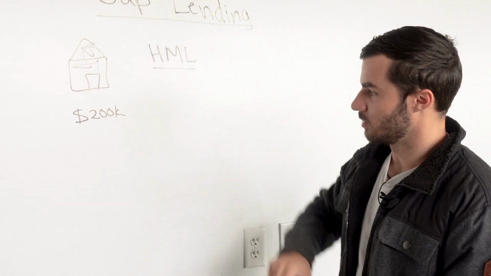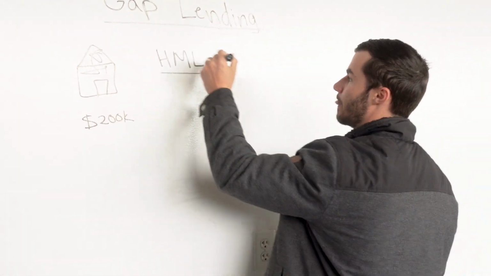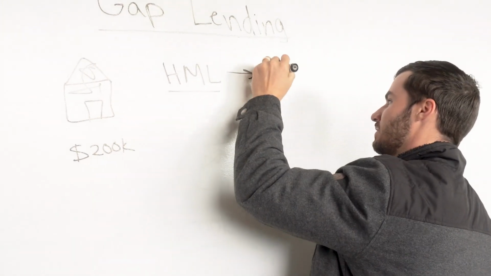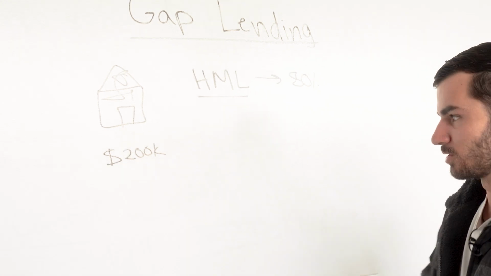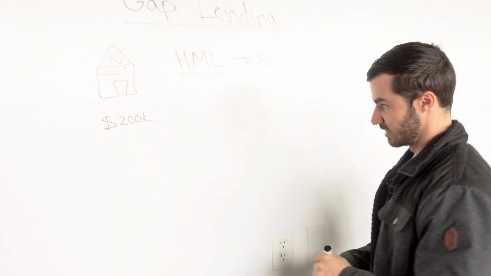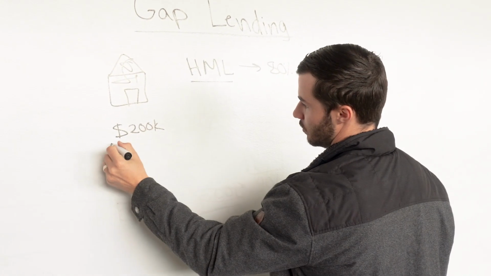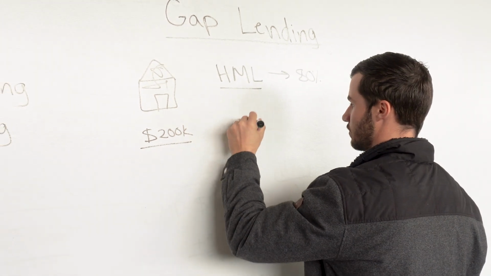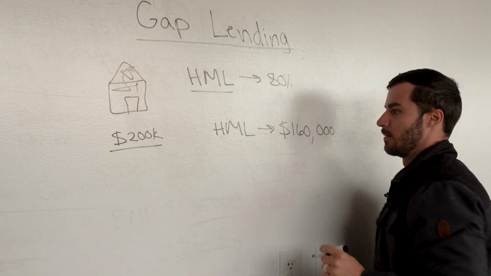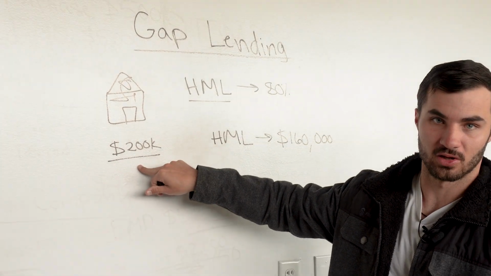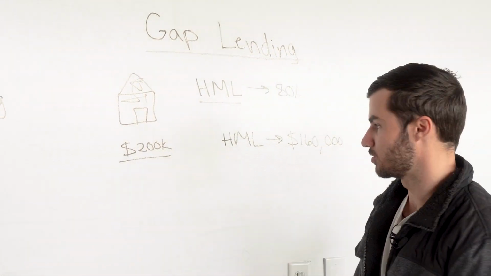So for a hard money loan, let's say, for example, they are going to lend 80% of the purchase price, which would equal 160,000, right? So we've got a total of 200,000. We've got a hard money loan that's funding 160,000. That leaves us with $40,000 more to get this property purchased, right?